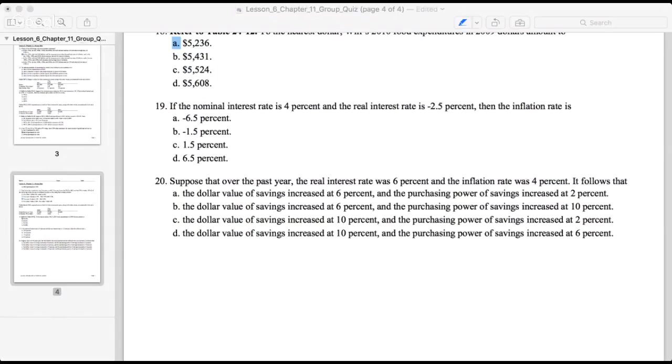Would it be negative 2.5 equals 4 minus 6.5? Would that be the equation? Hey, I can't hear y'all. Can y'all speak up again? Let me turn my volume up. Can y'all repeat that? There, I've got my volume turned up.